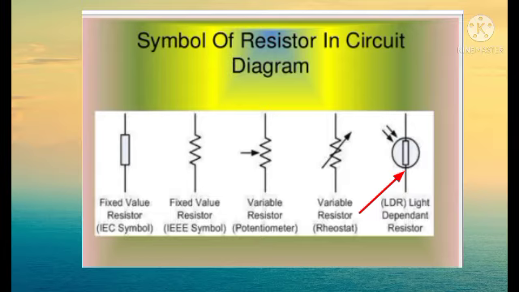So as light is incident on the resistor, its resistance changes. So this is called a light dependent resistor. In this way we come to know the importance of the symbolic representation of the component, because of this we come to know which component is used in the circuit.